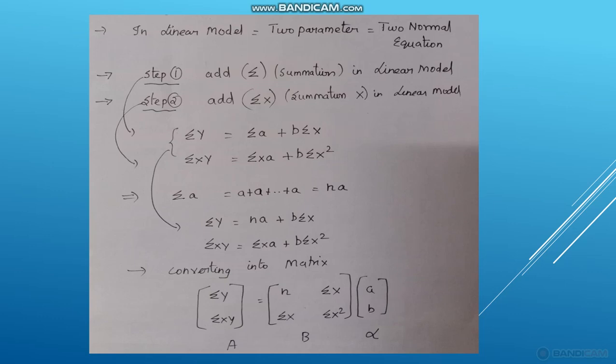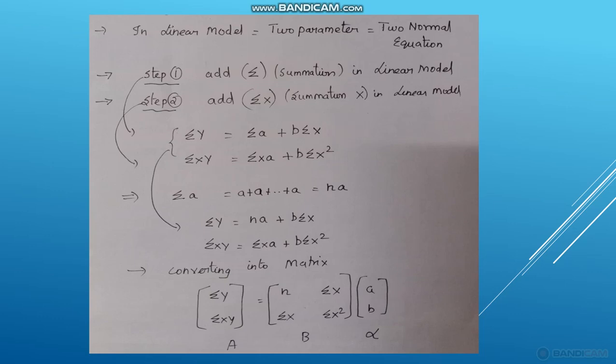Now we want to convert these normal equations into matrix form. In the normal equations we know summation of x, summation of y, n, summation of x squared and summation of xy, but we don't know the parameters a and b. So to find these parameters we convert the normal equations into matrix form.